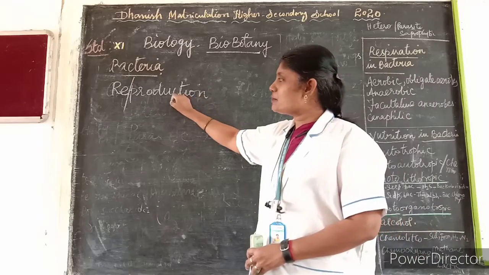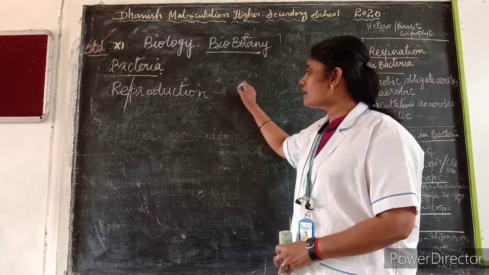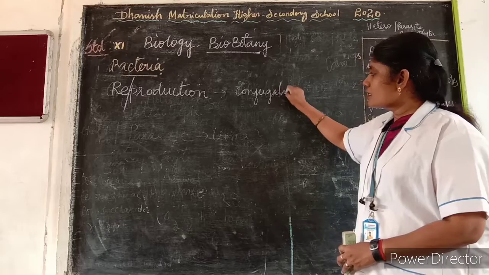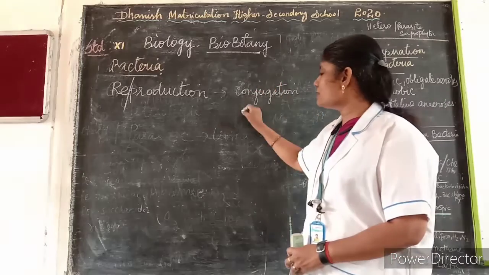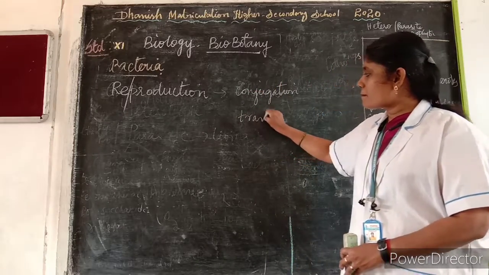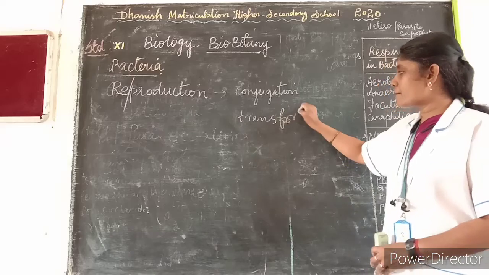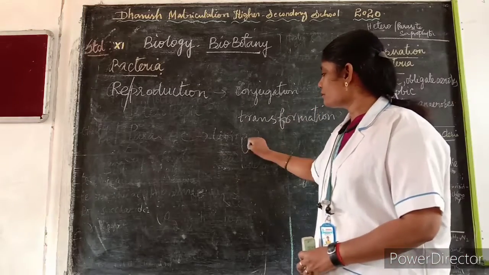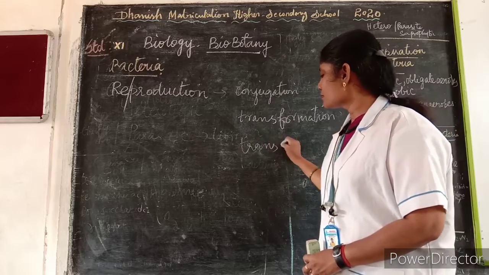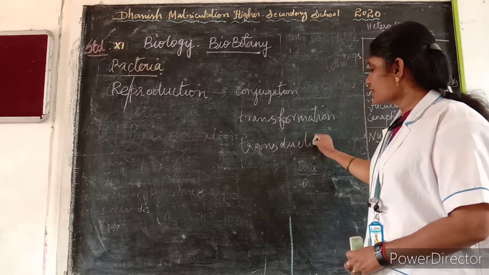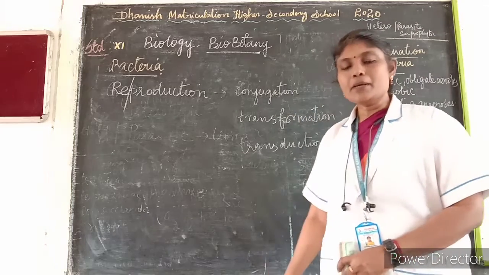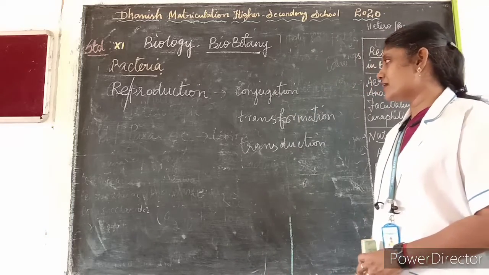So reproduction in bacteria we will learn under conjugation, transformation, and transduction. These are the three methods that we are going to learn under reproduction in bacteria.